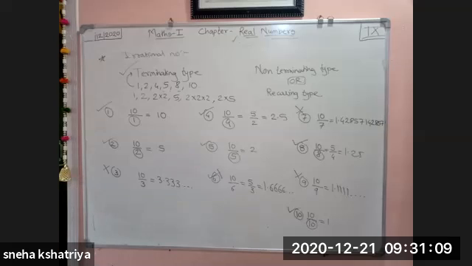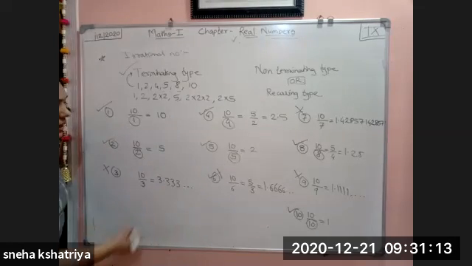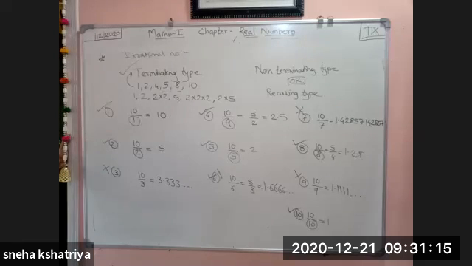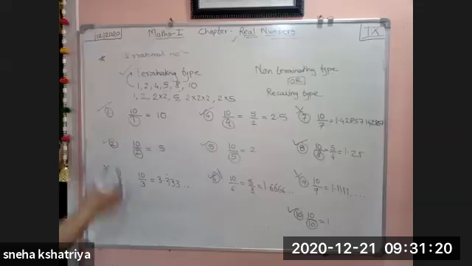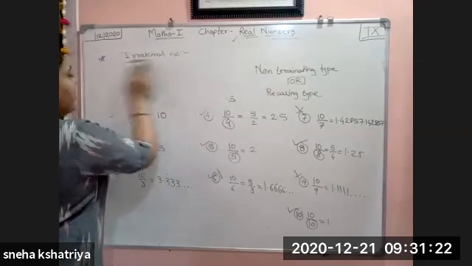Also one thing is there, that if the number is repeated, then we put a dot over the number. Okay, so we will see here.